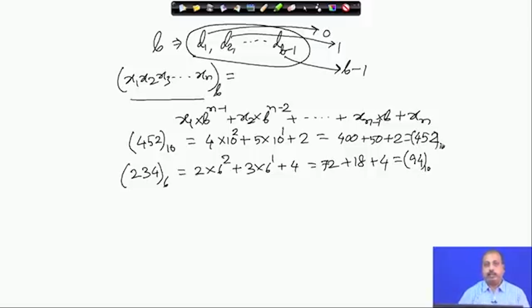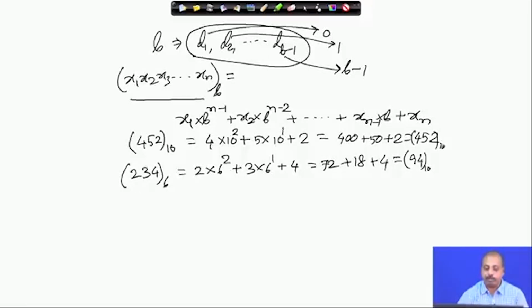In this way, for numbers given in any number system, we can find out the corresponding value in the decimal number system. Of course, we can also represent any number in any number system. What I mean is, any value given to me in the decimal number system, I can represent in any other desirable number system.